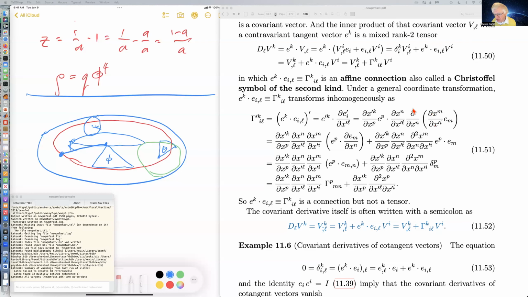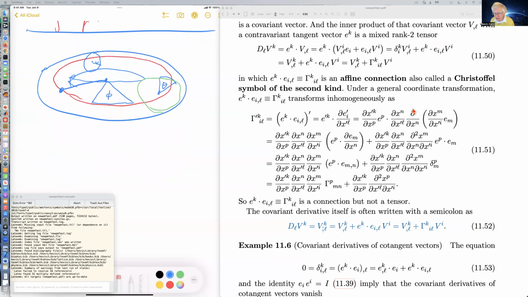In other words, let me just dope this out a bit here. What we have here is partial xn of partial xm partial x prime I of EM. And so this is two terms.